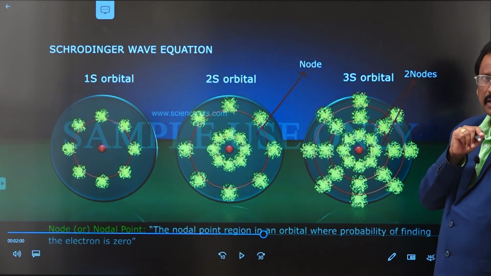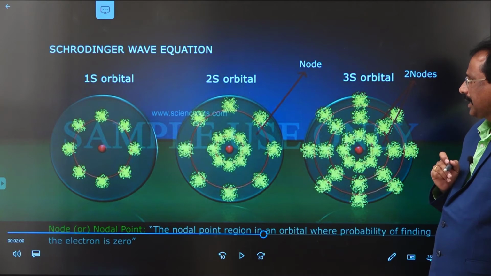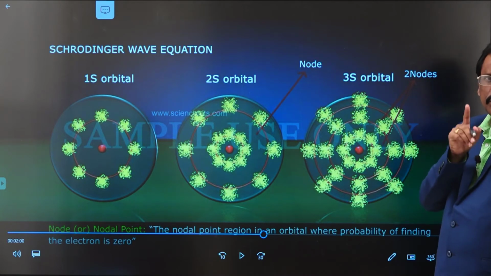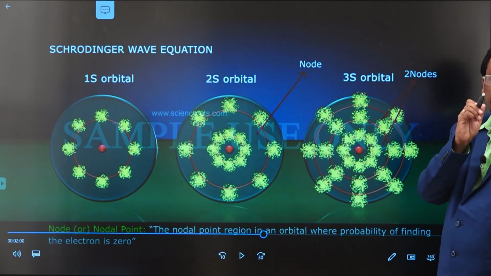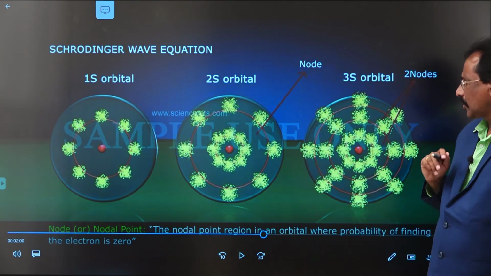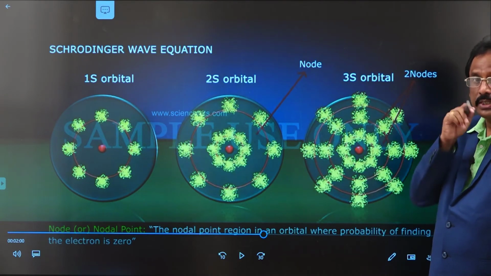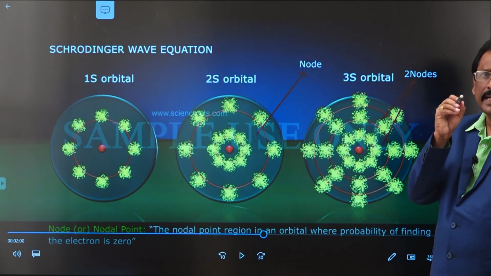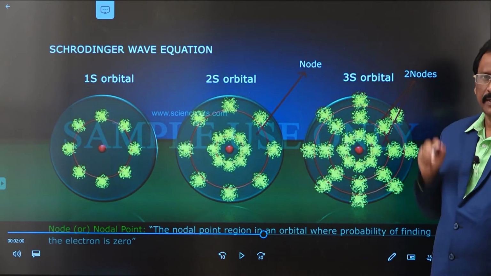Another important point in this topic is the formula used to calculate the number of spherical nodes or radial nodes: n minus l minus 1.